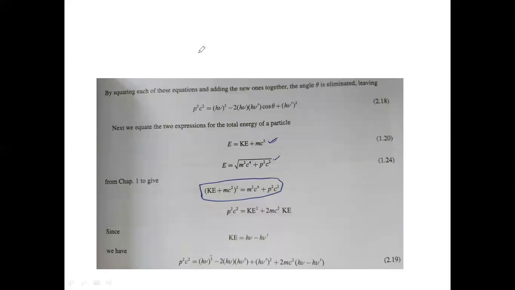From the previous slides, we came to know that kinetic energy is equal to h nu minus h nu dash. Hence, by putting the value of kinetic energy here, we get this equation.